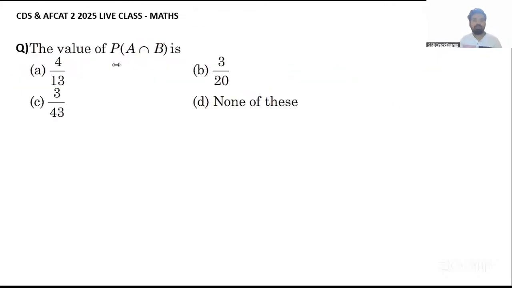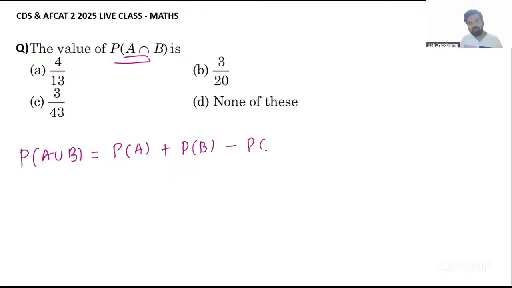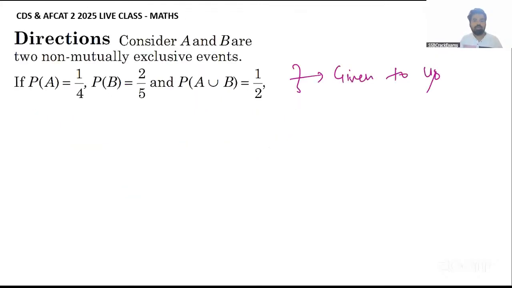So we need to first find the probability of A intersection B. We know that probability of A union B is probability of A plus probability of B minus probability of A intersection B. The probability of A is given as 1 by 4, and the probability of B is given as 2 by 5.